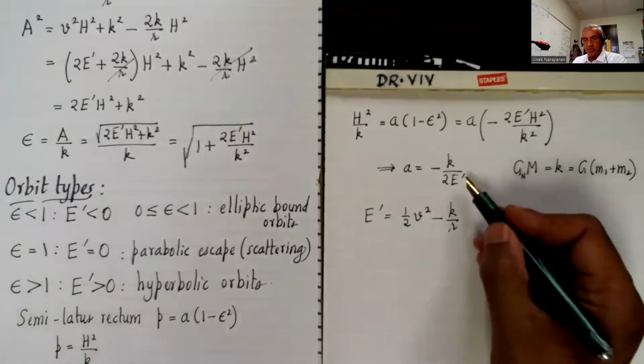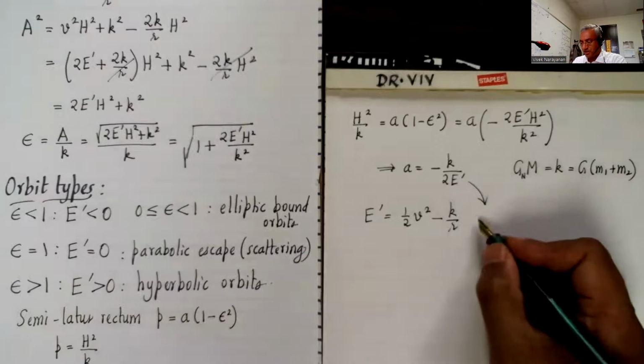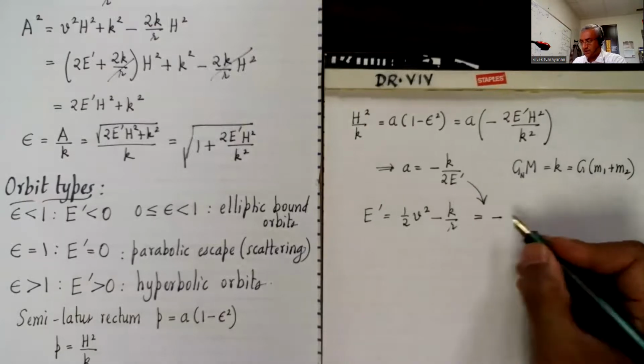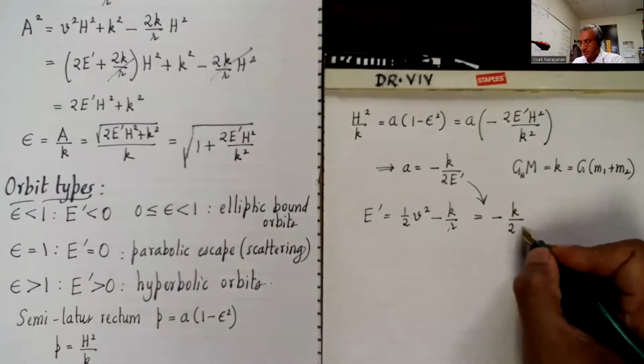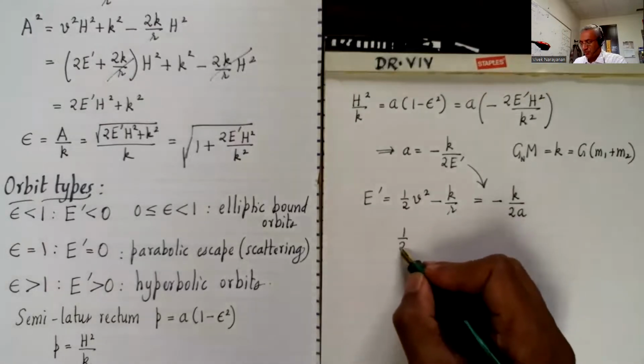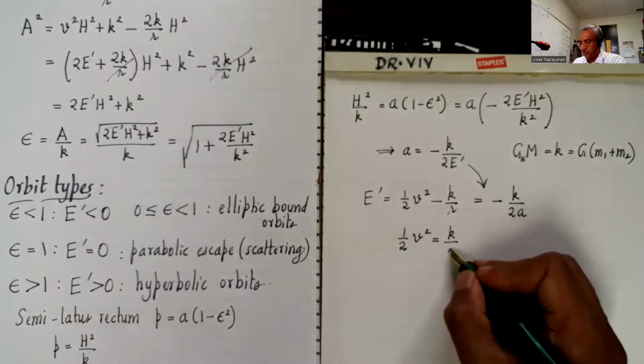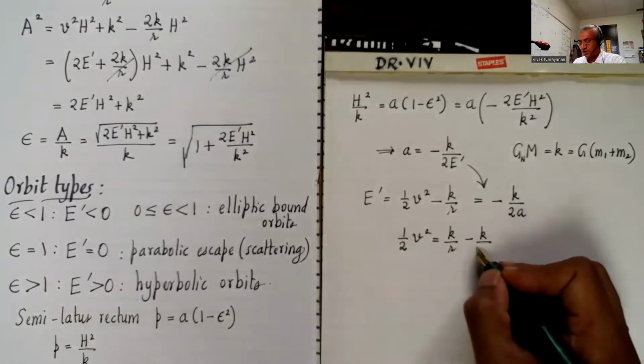And E prime, by this reckoning, is also equal to negative k over 2a. What a beautiful equation. I'm going to get 1/2 v squared equals k over r minus k over 2a.